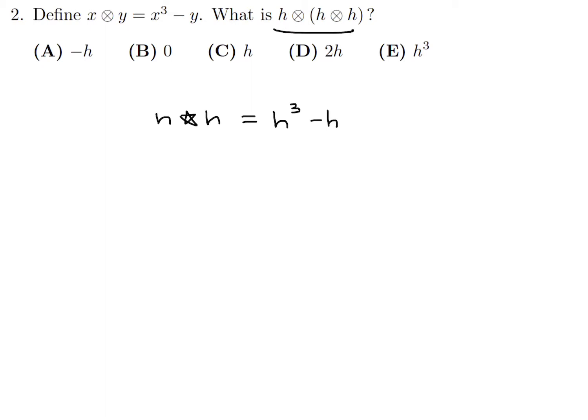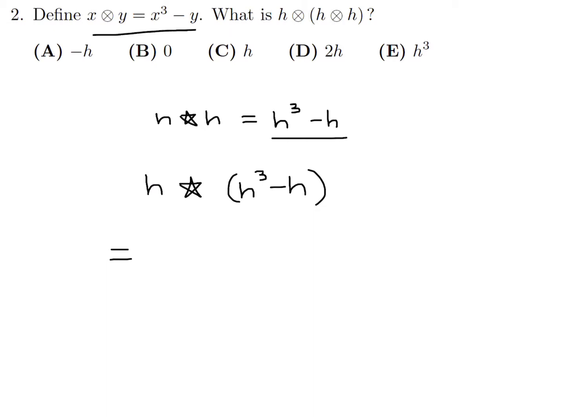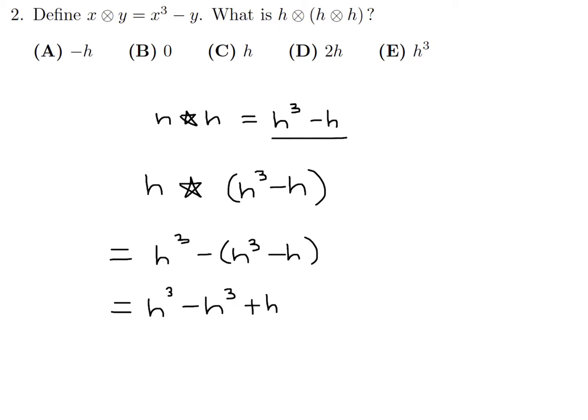Now let's bring in the entire expression, which is h symbol the brackets, but in the brackets it's going to be h to the power of 3 minus h, and that, according to our definition, is going to be h to the power of 3 minus what's in the brackets. And this simplifies to h to the power of 3 minus h to the power of 3 plus h, and that is just h. So number 2, the answer is C.